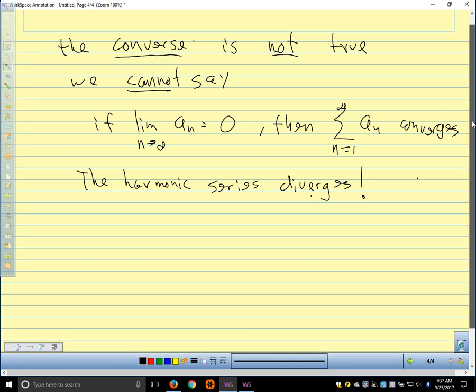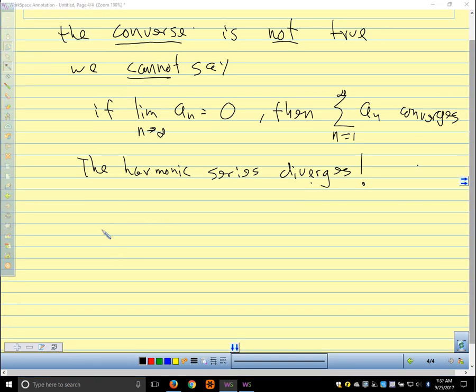The sum from n equals 1 to infinity of 1 over n diverges.